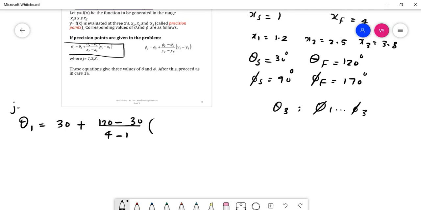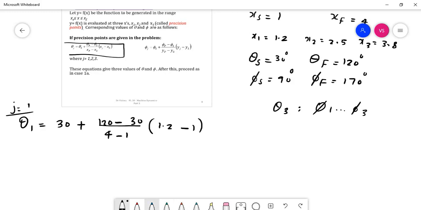If I put j equal to 1, then I will get theta 1. So here x1 is 1.2 minus xs, that is 1.